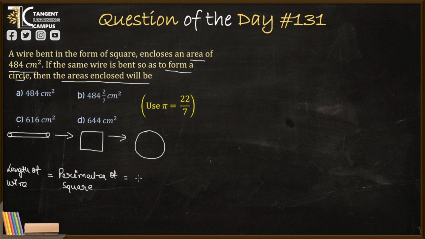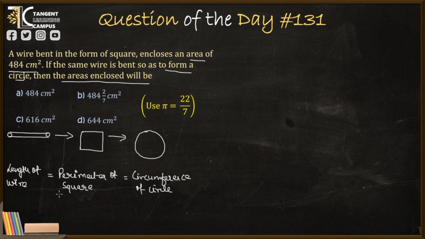So we can write length of wire is again equals to circumference of circle. So this is the relation between the length of wire, perimeter of square and circumference of circle. By using this we can find out our final answer.